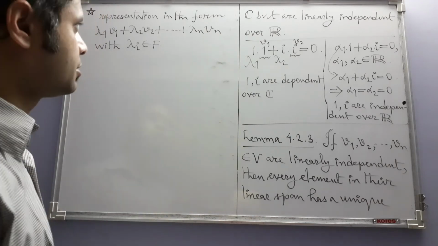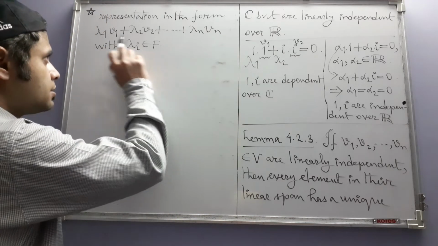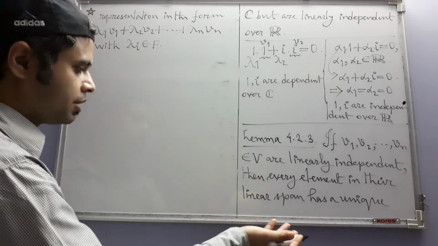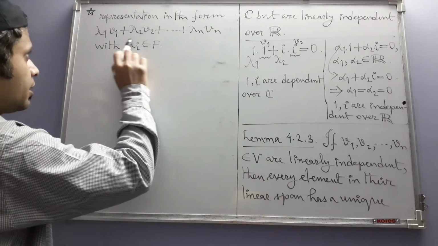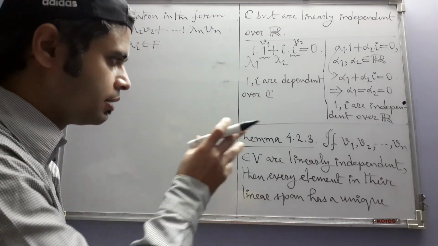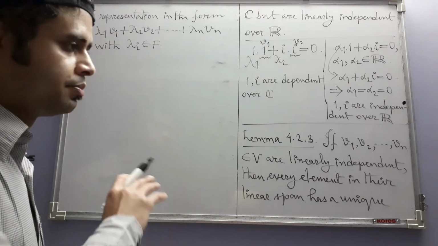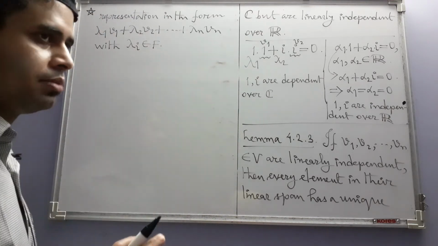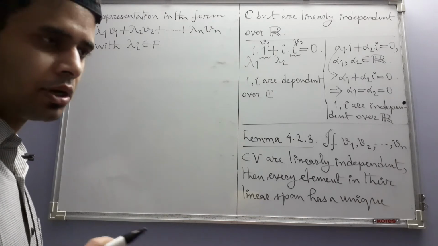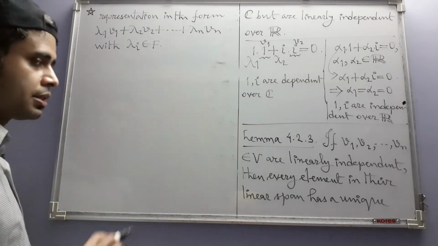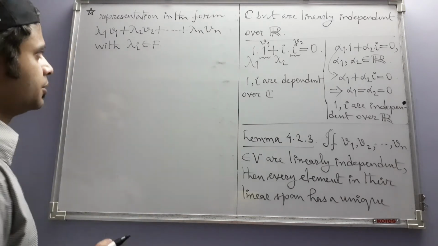But something else is true: this representation is unique. That is, for a given vector, these scalars are uniquely determined. You cannot have, for a given vector in the linear span, two different representations like this with more than one choice of scalars. Such a thing will never happen.